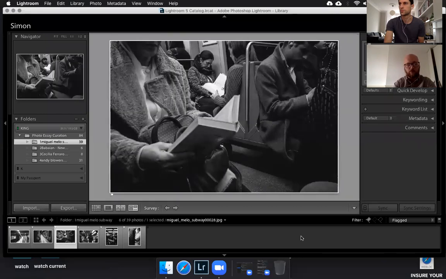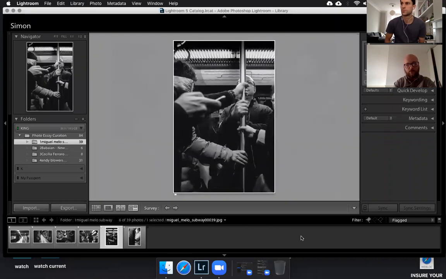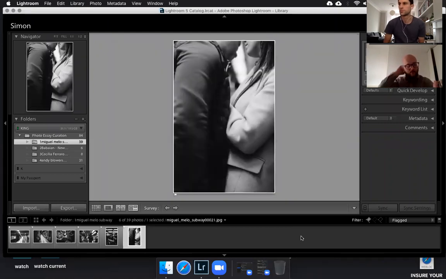You're brought through elements of train life, and then you're brought out of it by a very close image of people. You don't necessarily think about the subway when you think about this photograph. It removes all of that context and just brings you to some people in an intimate space. Maybe they're pushed together from the crowd, or they're choosing to be together, whatever it is. That's what this image leaves you on.